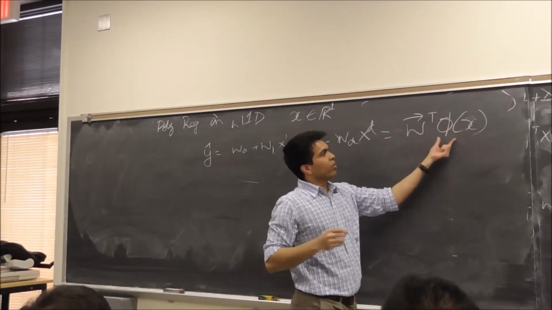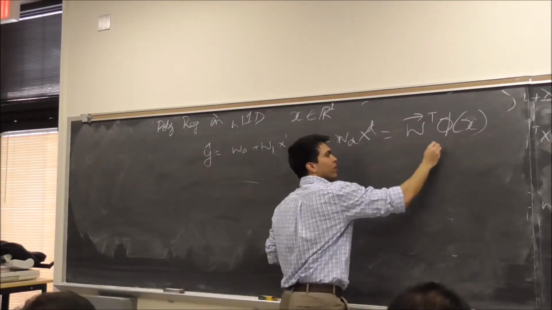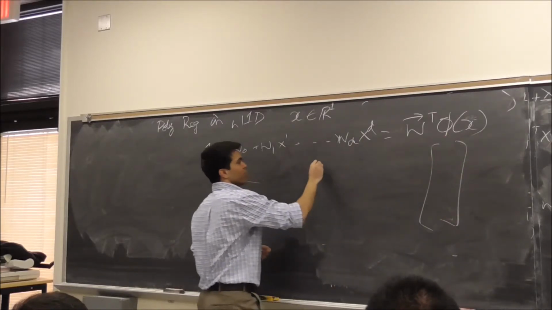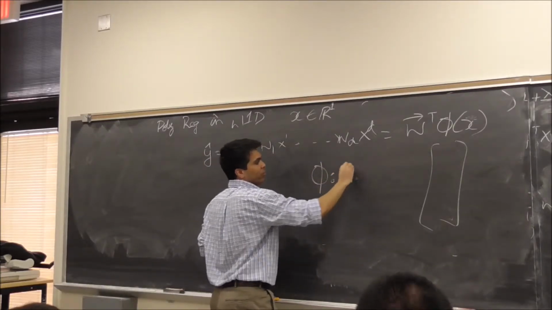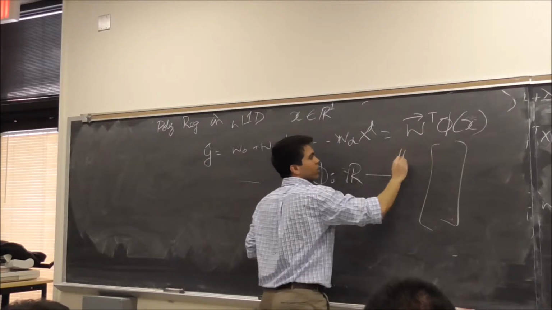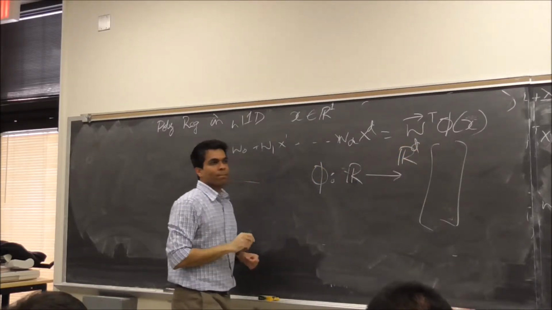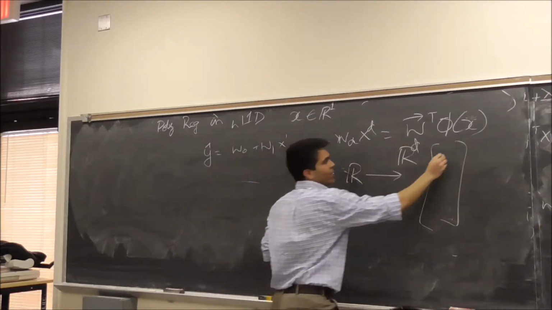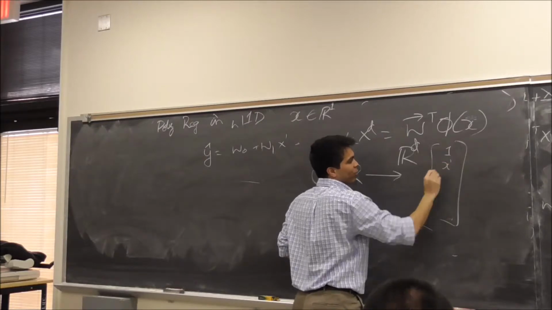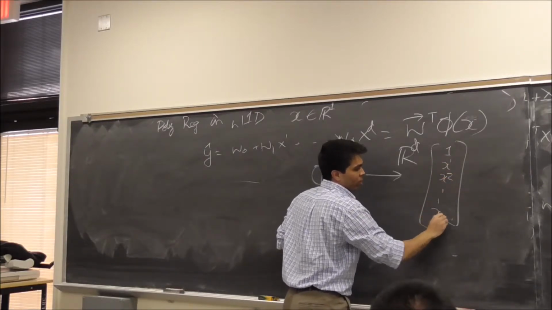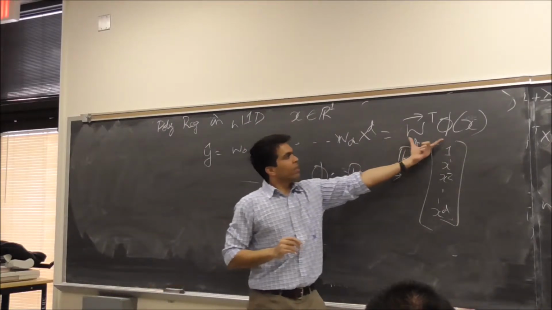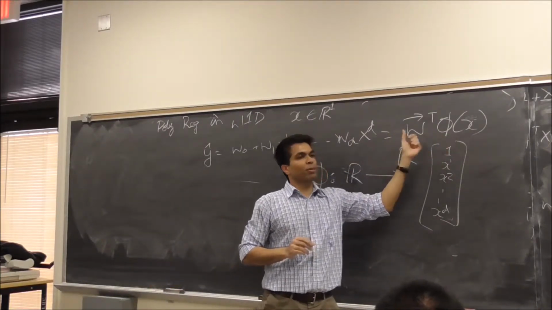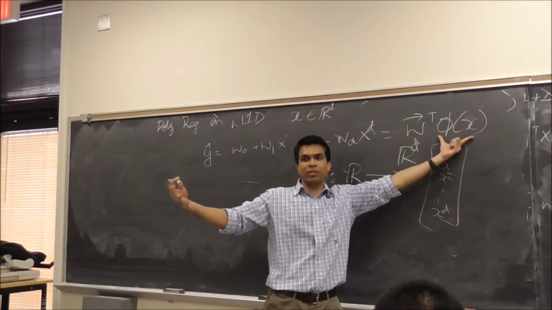X is a feature, phi of x is a vector that takes a scalar x, right? So phi is a mapping, it takes a scalar from R to R^d. Right? It takes a single value and it creates 1, x to the power 1, x squared, all the way to x to the d. Right? And this expression is linear in W and is linear in the new feature space that you're creating.